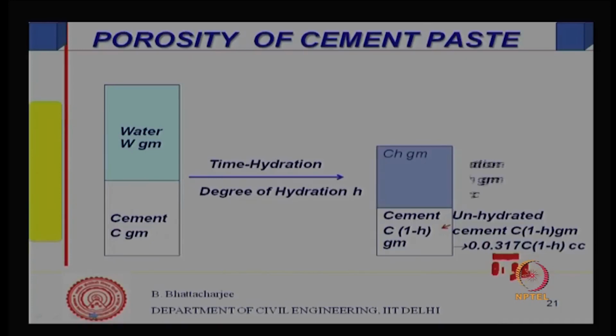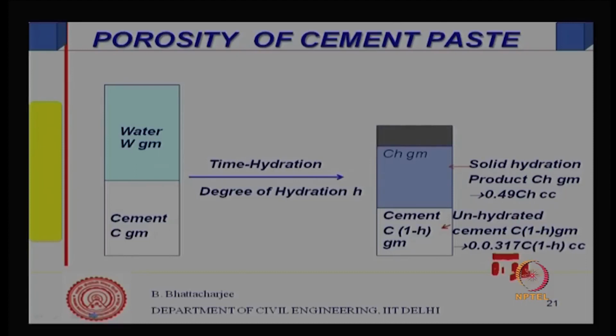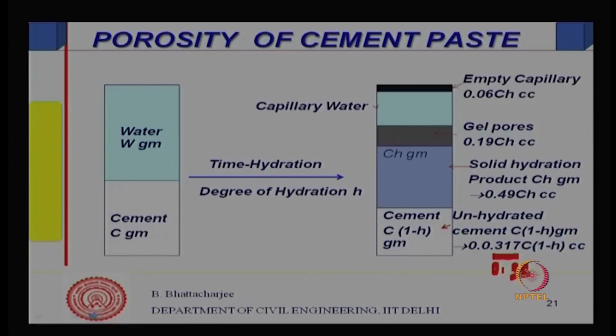This is the solid hydration product, which is 0.49 Ch cc, as we have seen. This will be the corresponding gel pores, 0.19 Ch cc, and some space of water still not filled by material remains as capillary water, and empty capillaries will be like this. This sums up whatever we have discussed.